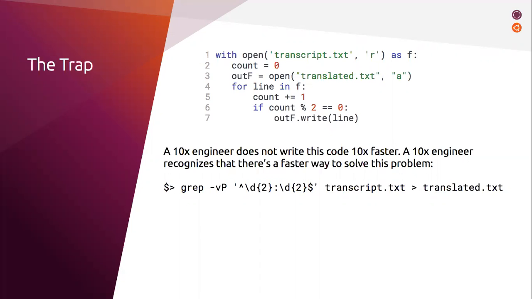Rather than trying to do the same thing faster, you just circumvent the original solution and go at it a quicker way. So this line down here that you would usually type into your bash terminal on a Linux system, this was my solution, is using grep and a regular expression in order to strip out those timestamps.